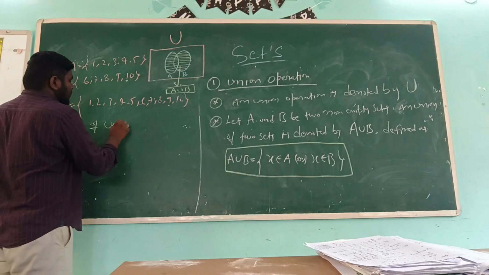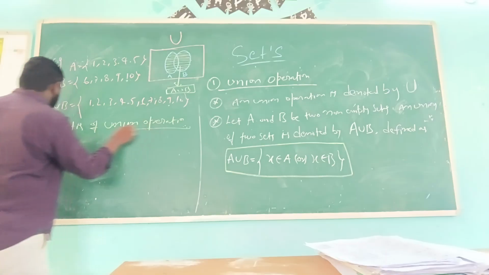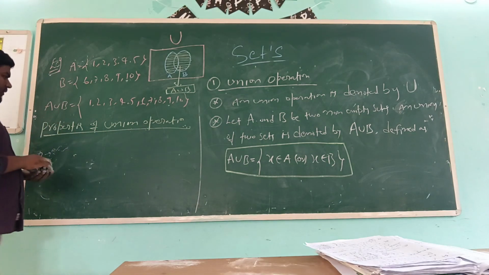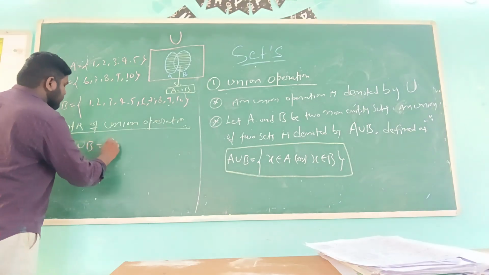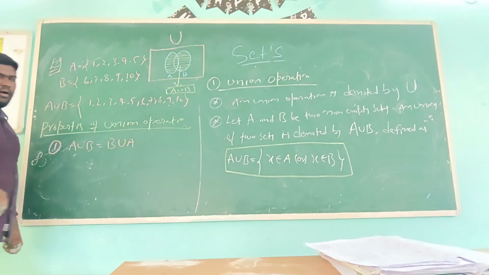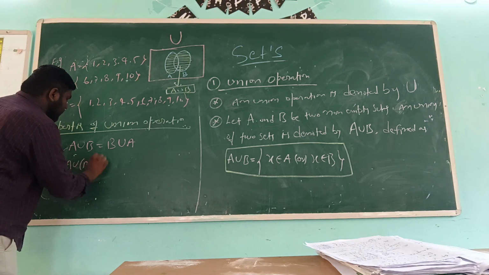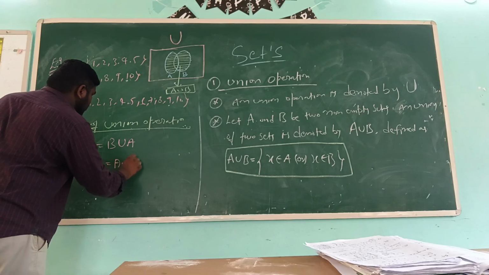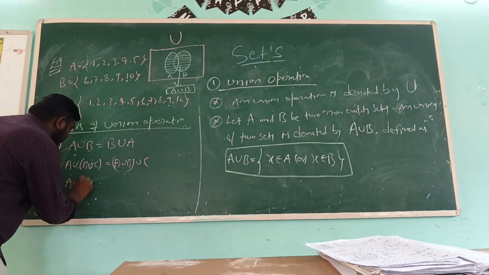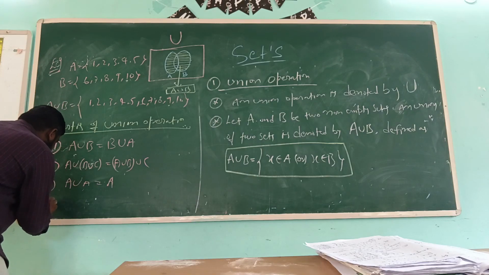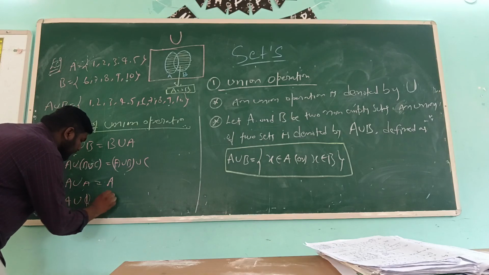Properties of the union operation. There are a few properties. One by one. First property, A union B equals B union A. This is the commutative property. Second, associative property, A union B union C equals A union B union C. Third, identity property, A union A equals A. Fourth, A union phi equals A only.